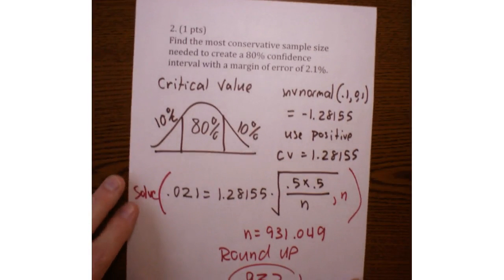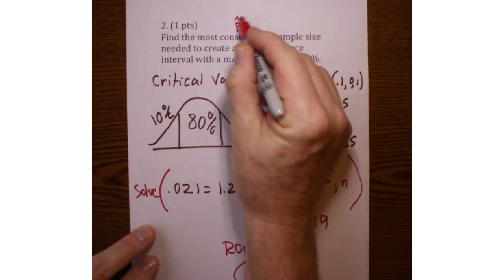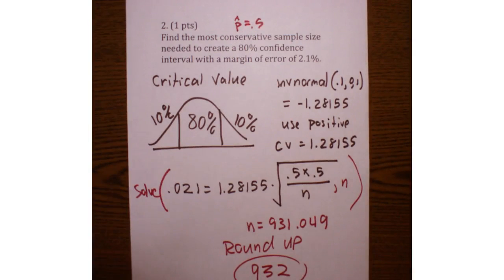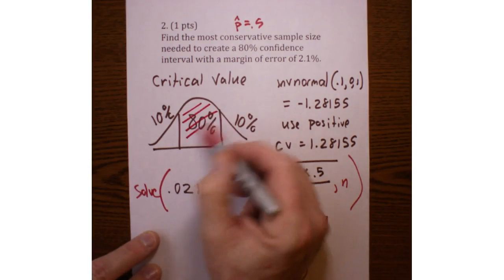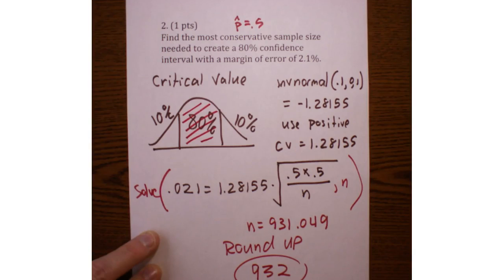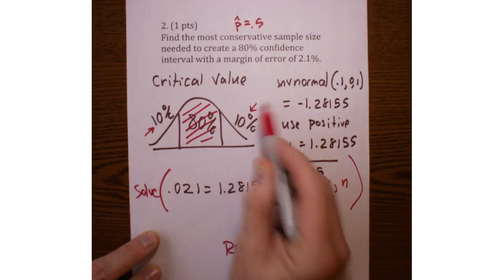So again, here's another example. I think the hardest thing is going to be getting the critical value for you. So find the most conservative sample size needed to create an 80% confidence interval with a margin of error of 2.1%. Most conservative means my p hat is 0.5. And so I draw my normal model, and I mark off the middle 80%, which gives me 10% on the left and 10% on the right.